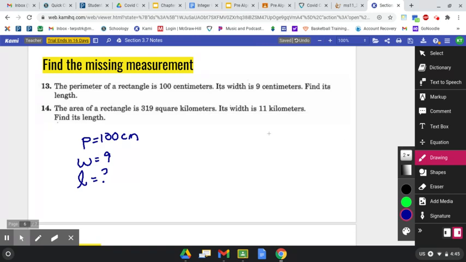In number 14, the area of a rectangle is 319 kilometers squared. The width is 11. Find the length. First, I want you to set up the equation that you're going to solve to find the missing measurement, and then check back.